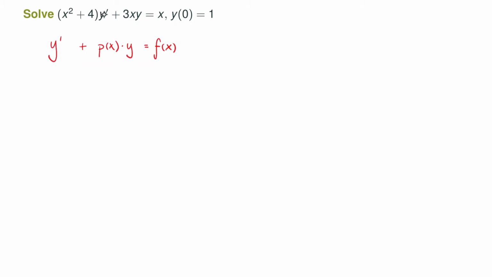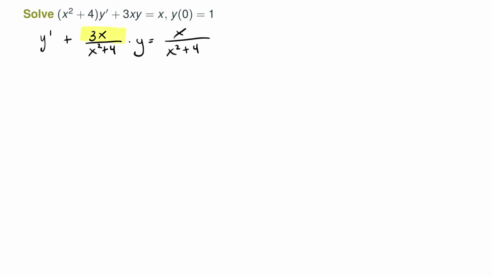But we do need to get the y prime by itself, so we'll divide everything by this x squared plus 4. And that will give us this expression, which is in the proper form. We see the term that needs to be a part of our integrating factor, so we do that off to the side. And we see this integral can be well done with u substitution.